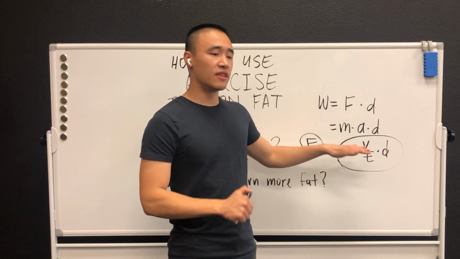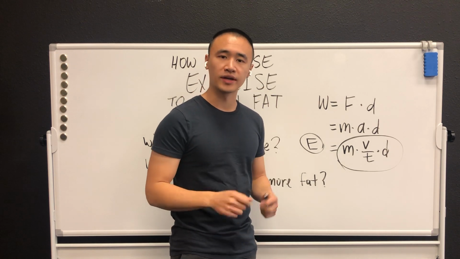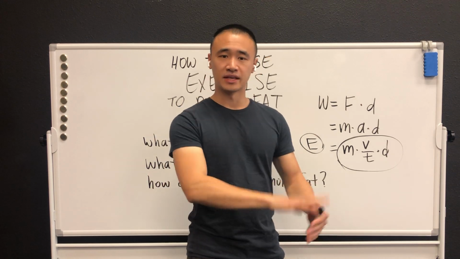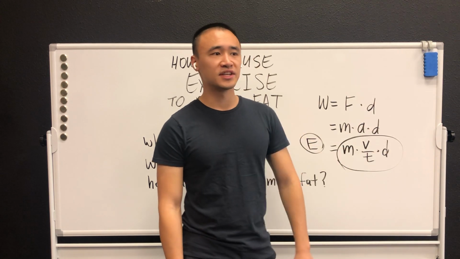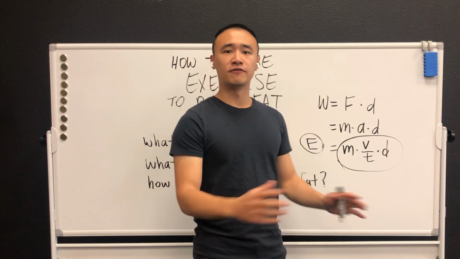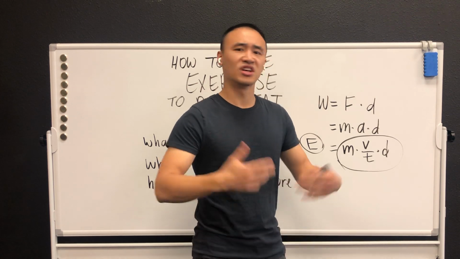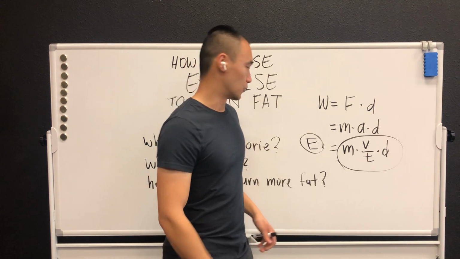Now let me point out the areas where you can make that quick change right away. For example, if you're taking way too much time resting in between sets, if you're sitting on the bench press or sitting next to the squat rack for 5 minutes in between sets, try to cut that down. Maybe cut that down to 60 seconds, 90 seconds, but a little shorter than what you normally do.